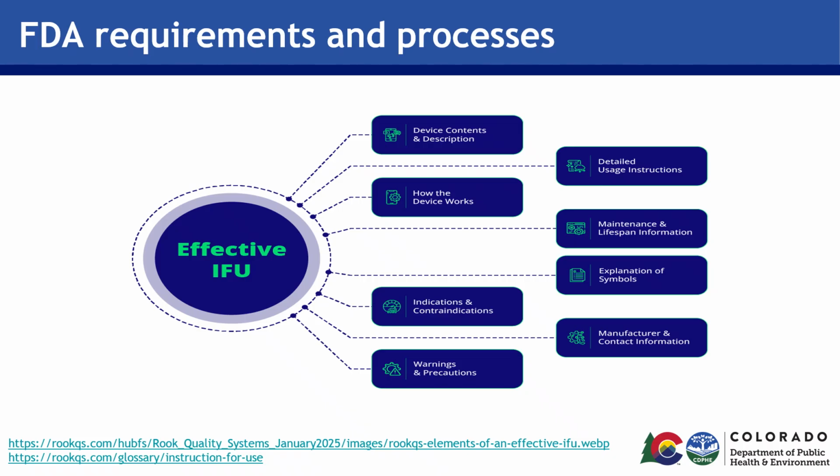These next points are key in ensuring that all requirements and processes are met when creating IFUs. 1. IFUs are a type of FDA-approved labeling that, as mentioned before, includes detailed instructions for proper use. 2.